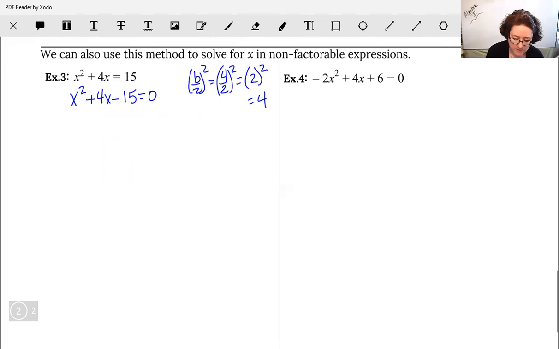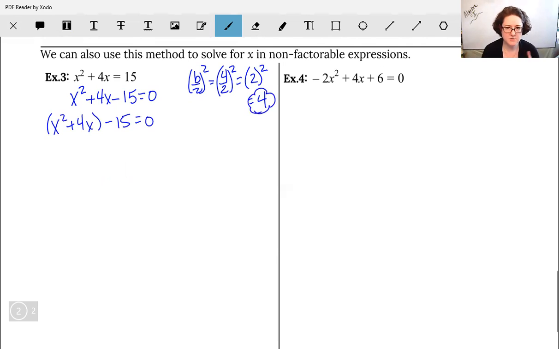So looking at my grouping, I'm looking at x squared plus 4x minus 15. I need to take my 4, and this gets added and subtracted to balance things out. So add on the inside, subtract on the outside.